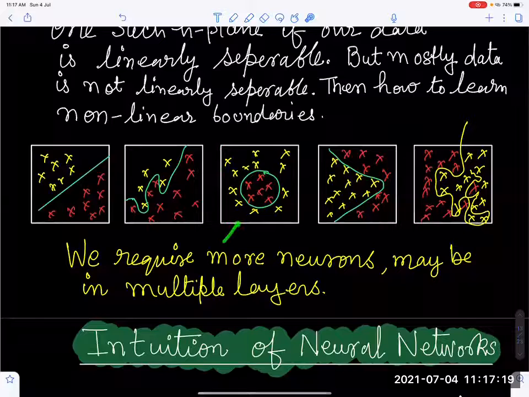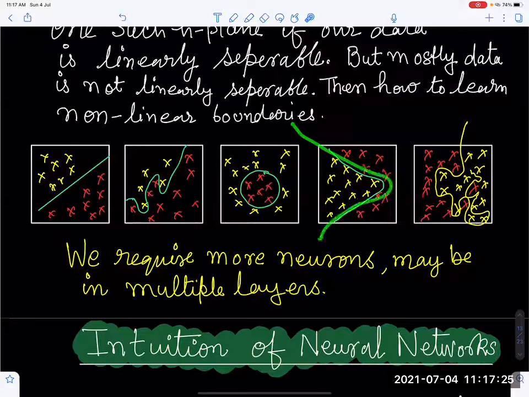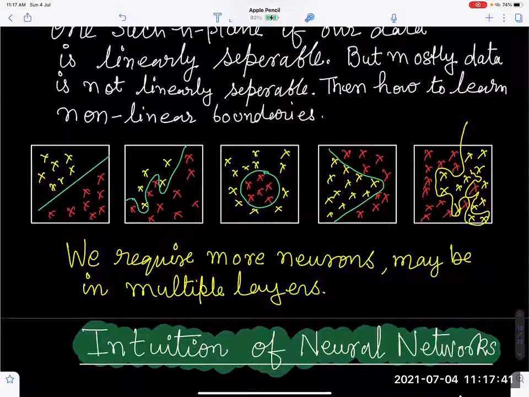How can you come up with a line that can differentiate between them properly? You can have things like this, or something like this. It's very, very difficult to figure out boundaries like this. And that is why you require more and more neurons.